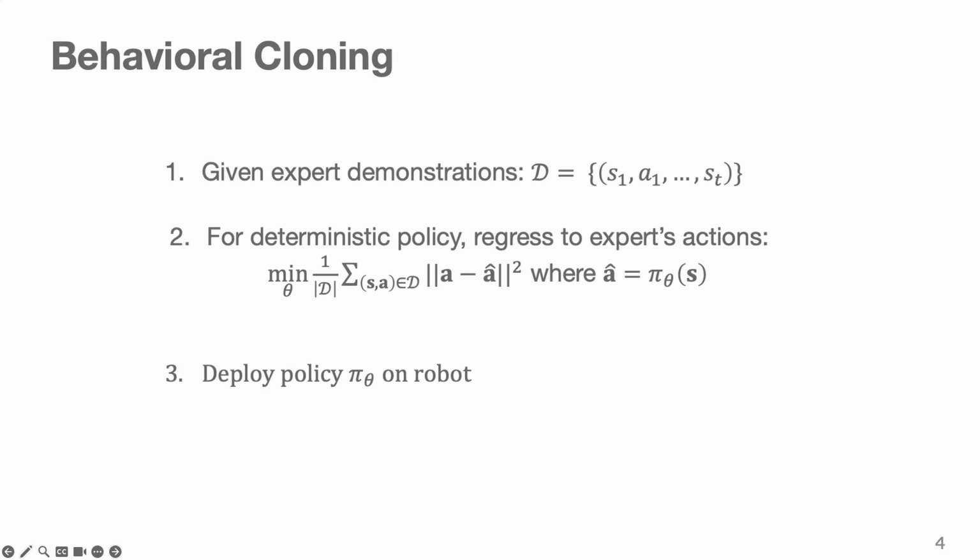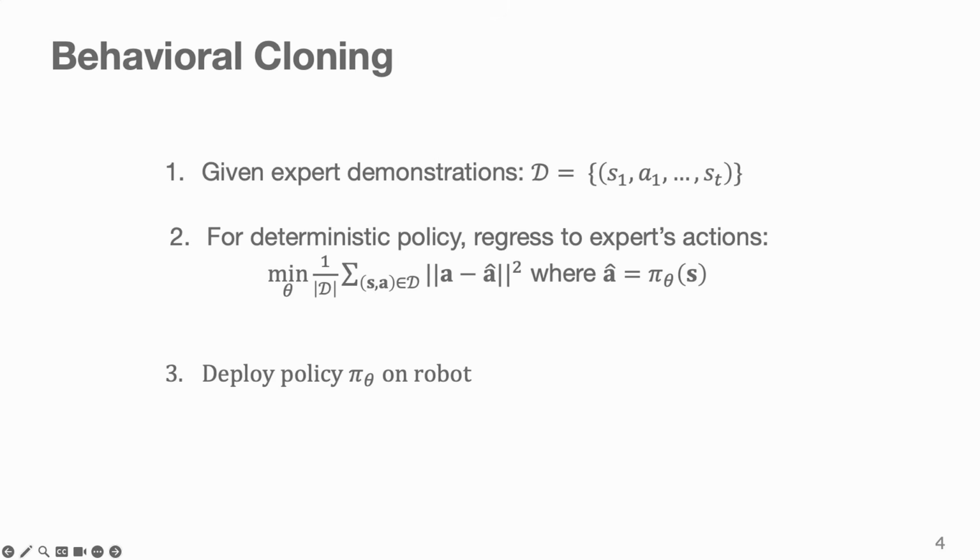The most straightforward way to implement imitation learning is an algorithm called behavior cloning, or BC. Some of you might already be familiar with it. So again, it's very simple. We start with this data set of optimal state and action trajectories provided by the expert.